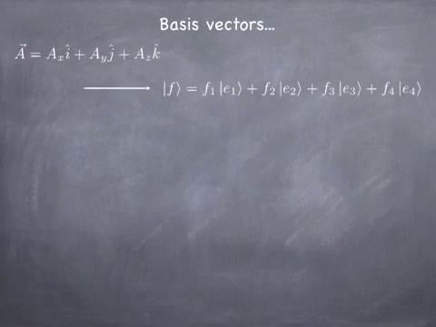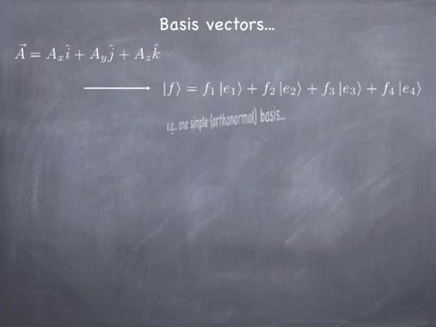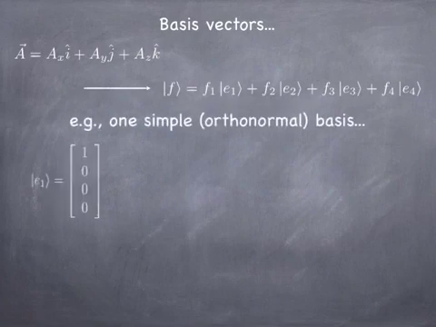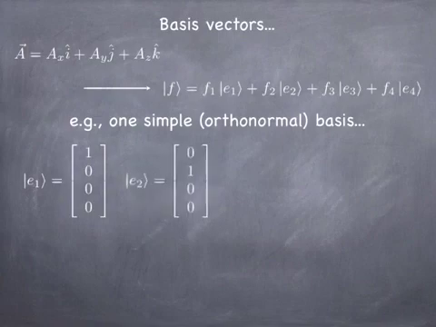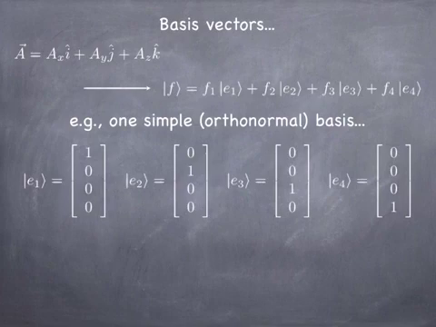Then you can write any ket as a superposition of complex numbers, the components, times the corresponding basis vectors. One particularly nice orthonormal basis is the basis that looks like this: 1, 0, 0, 0; 0, 1, 0, 0; 0, 0, 1, 0; and 0, 0, 0, 1.